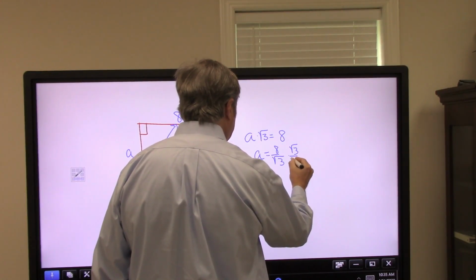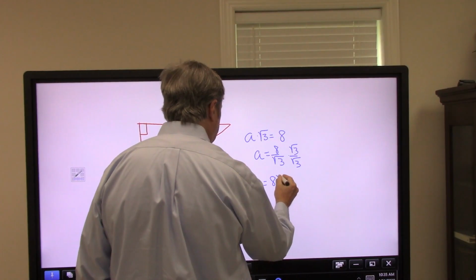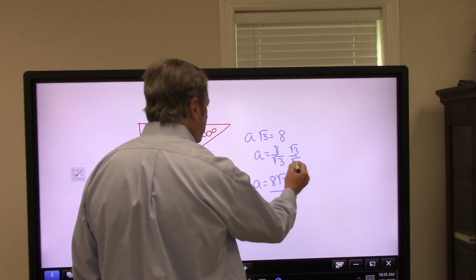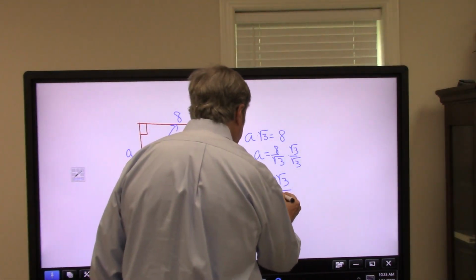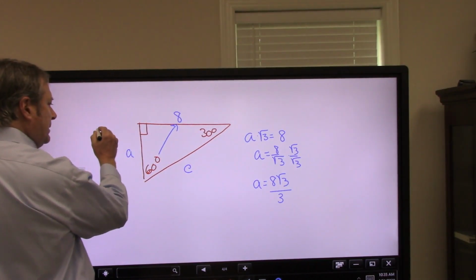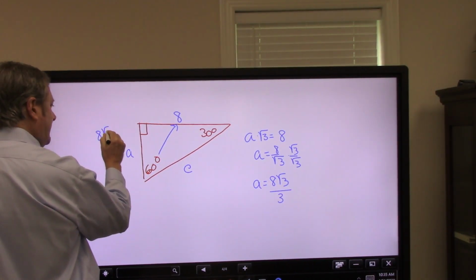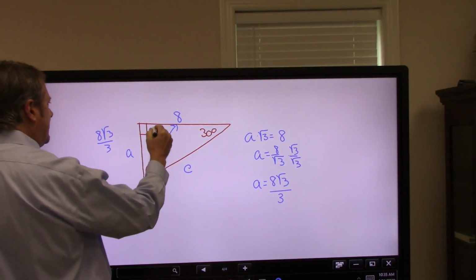Square root of 3 times the square root of 3, and so we have 8 times the square root of 3. Square root of 3 times square root of 3 is the square root of 9. The square root of 9 is the number 3. All right, so as strange as that looks, that is side A. So 8 square roots of 3 over 3. That's side A. This was side B.